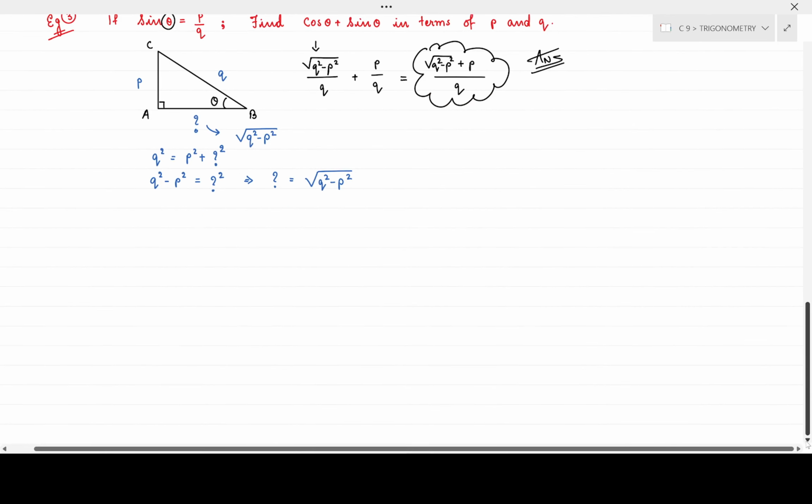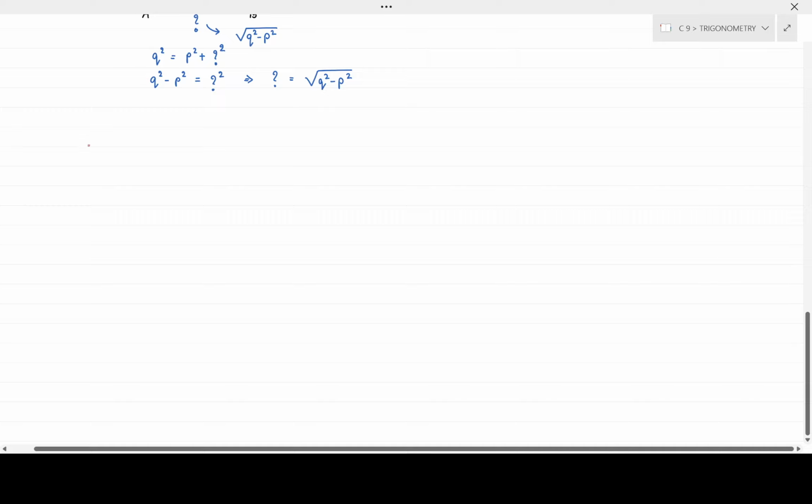Okay. Let us consider another example, a little typical one. That is example number 4. Suppose there is a triangle, this is point A, vertex A, C, D, and B. Here it's 90 degree.